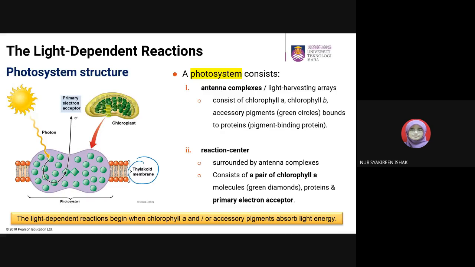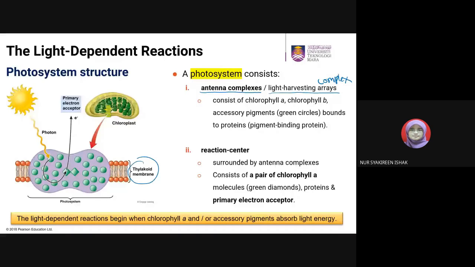A photosystem consists of antenna complexes or light harvesting arrays, or you can call it the light harvesting complex.